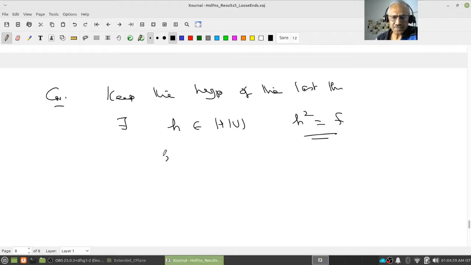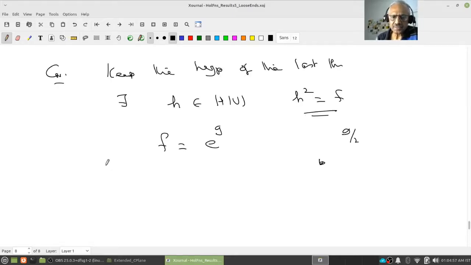That is very easy because I know f is e power g. So what I can take is g by 2.